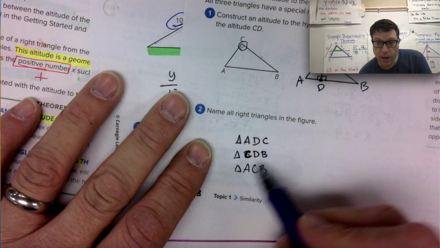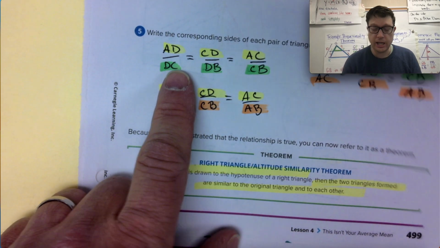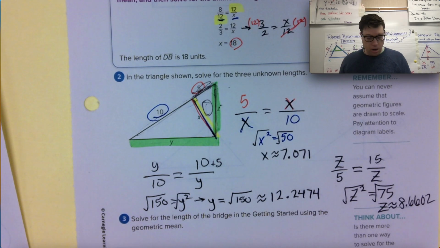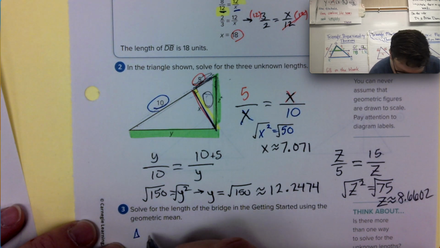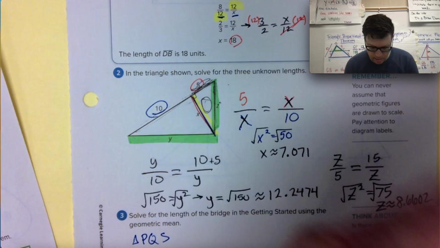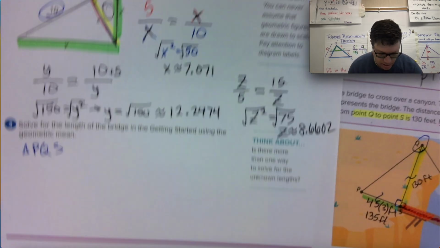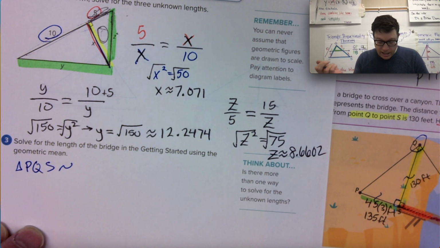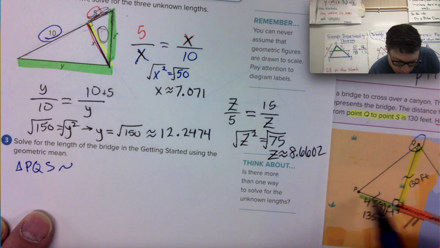I'm going to rewrite the proportions from page 499 into P, Q, R, and S, and then pick the P, Q, R, S that matches. So I have triangle PQS is similar to... I'm putting the S 90-degree angle at the end, and the bigger angle at the front.